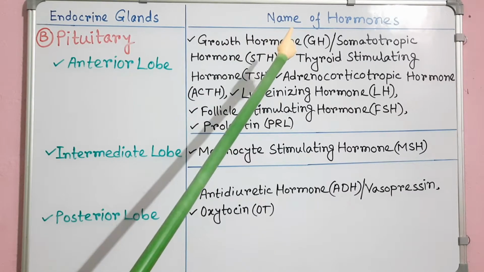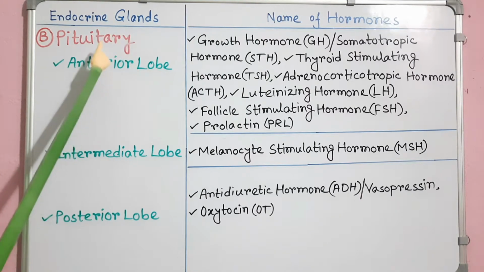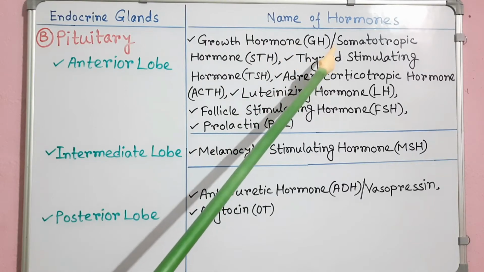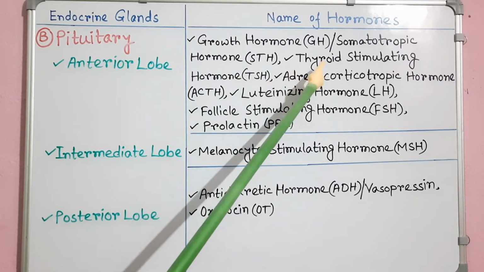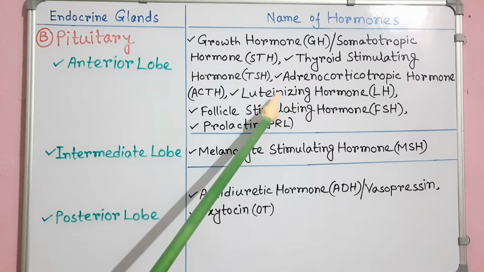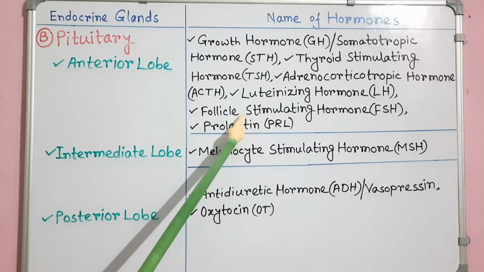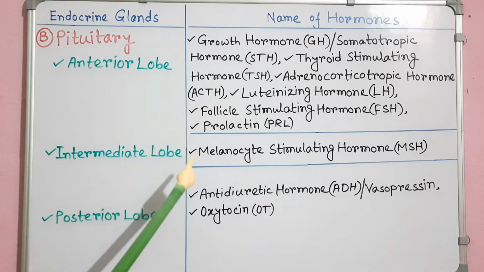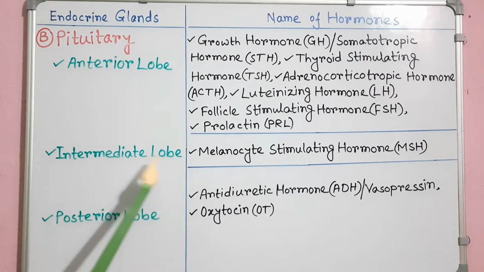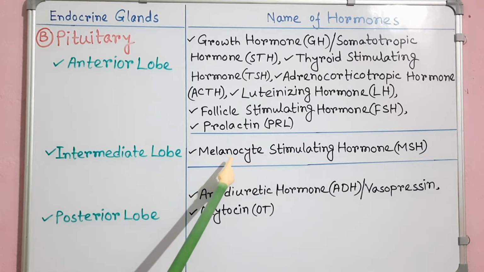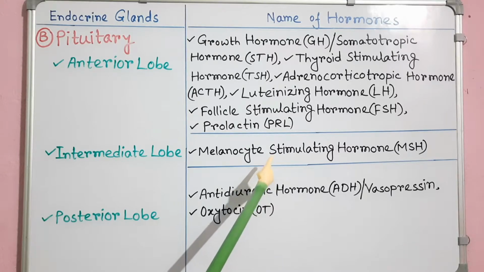Hormones which are released from the anterior lobe of the pituitary are growth hormone or somatotropic hormone, thyroid stimulating hormone, adrenocorticotropic hormone, luteinizing hormone, follicle stimulating hormone, prolactin, etc. The hormone which is released from the intermediate lobe of the pituitary is melanocyte stimulating hormone.